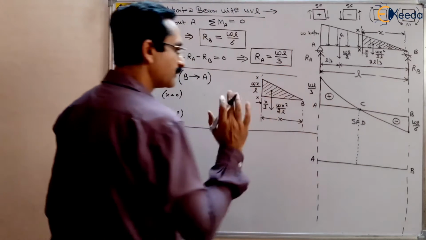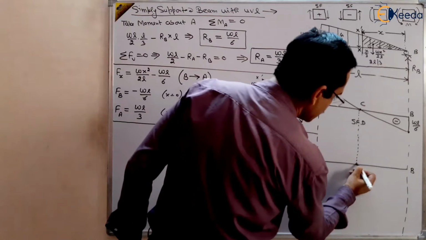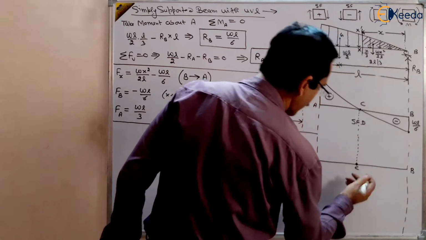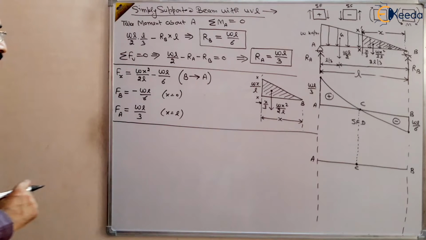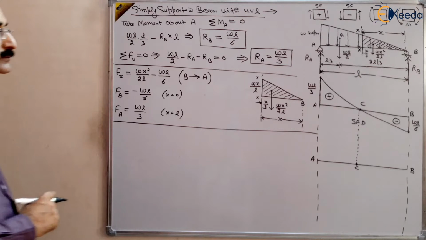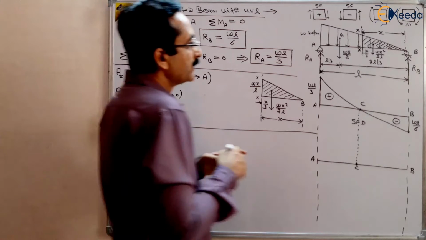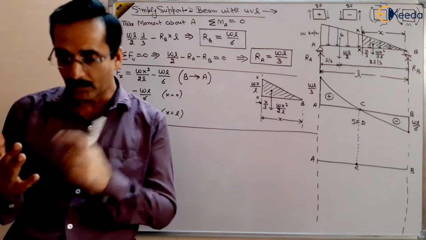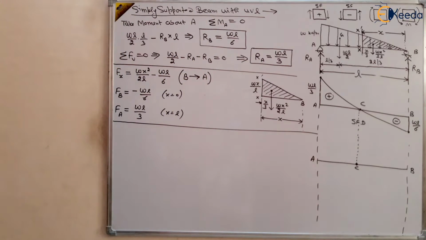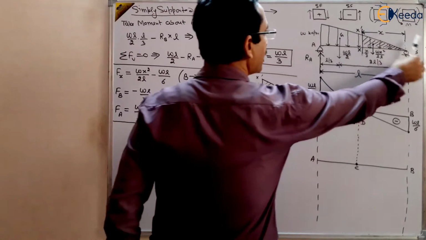This is not at the center, this is at a certain point C in between A and B. So how to find out bending moment? Bending moment is the moment of all the forces to the left or to the right of the section. We have taken this section at a distance x from B.